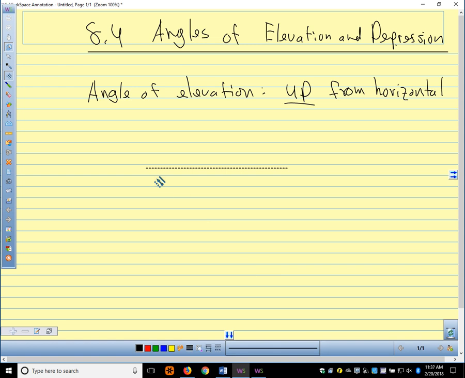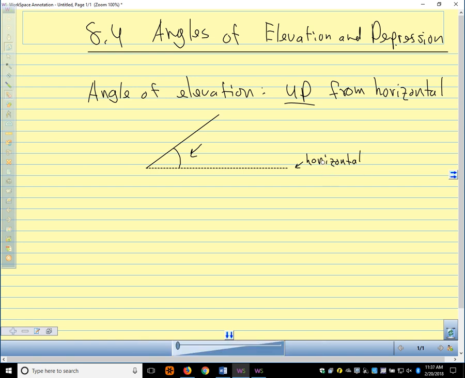An angle of elevation goes up from the horizontal. That is an angle of elevation. And the dotted line is horizontal. So not a particularly complicated idea.